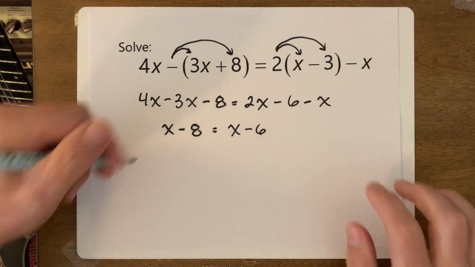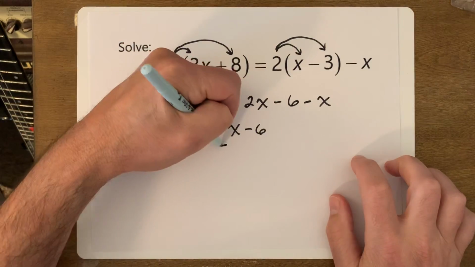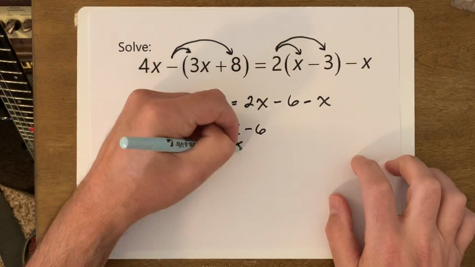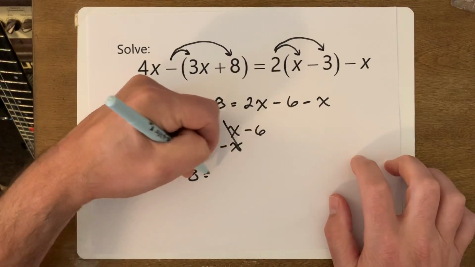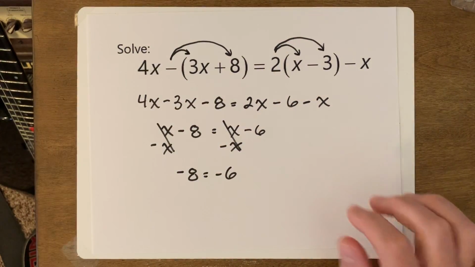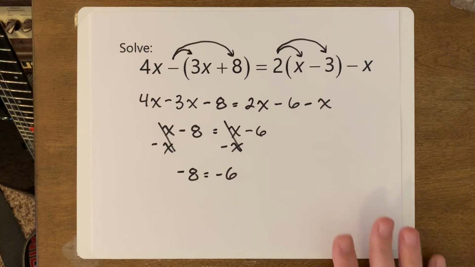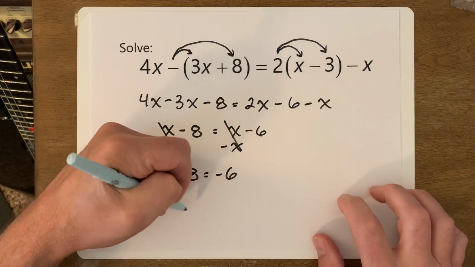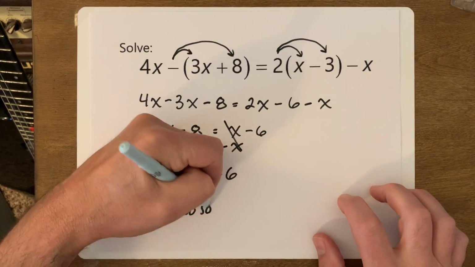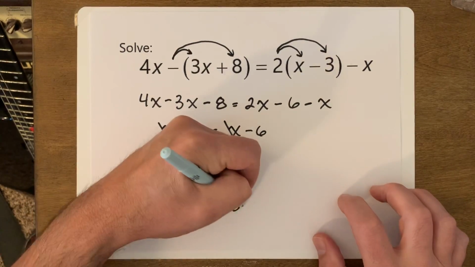That's kind of weird. If I subtract x from both sides, they both cancel out, they're gone. And I have negative 8 is equal to negative 6. All right, is that a true statement? No, that's a false statement. Since that's a false statement, the answer would be no solution.